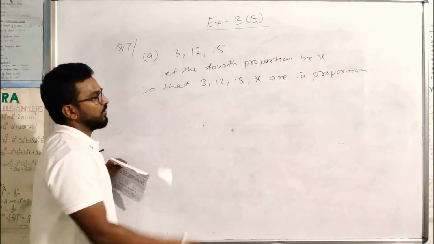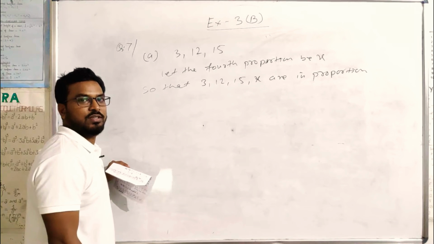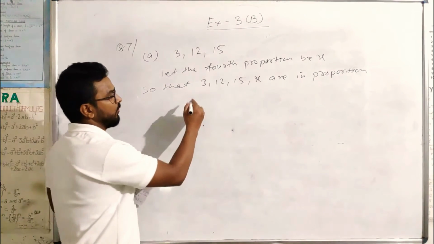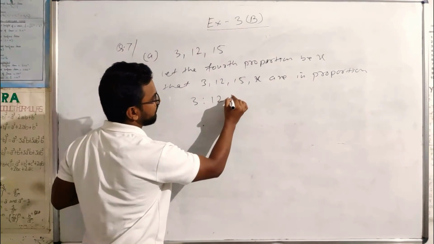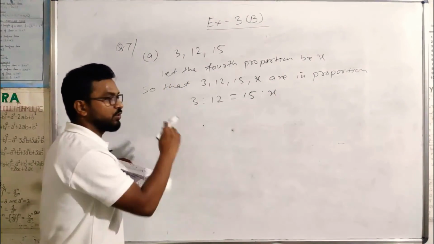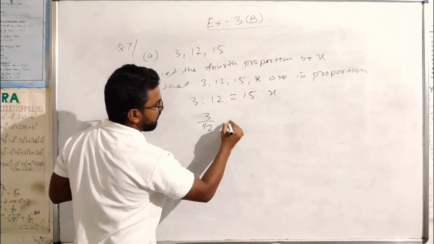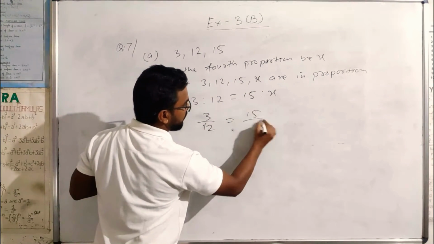Okay, so if 3, 12, 15, x are in proportion, how will we write it? We can write it like this: 3 is to 12 is proportional to 15 is to x. So again this can be written as 3 by 12 proportional to 15 ratio x.